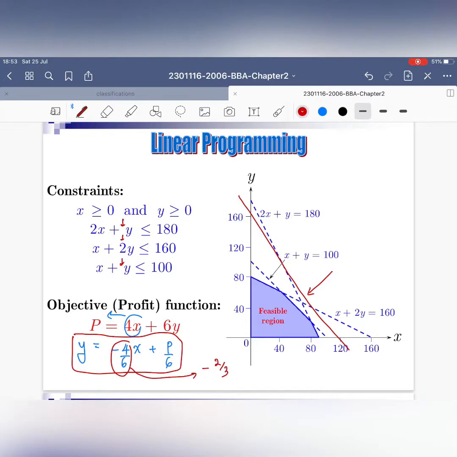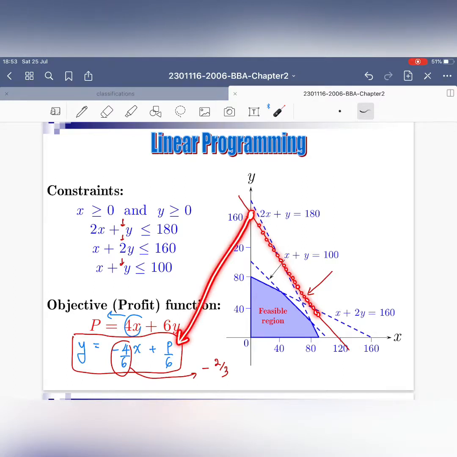If we look at this line, all the xy points on this line will give you this profit of p over 6, you see?